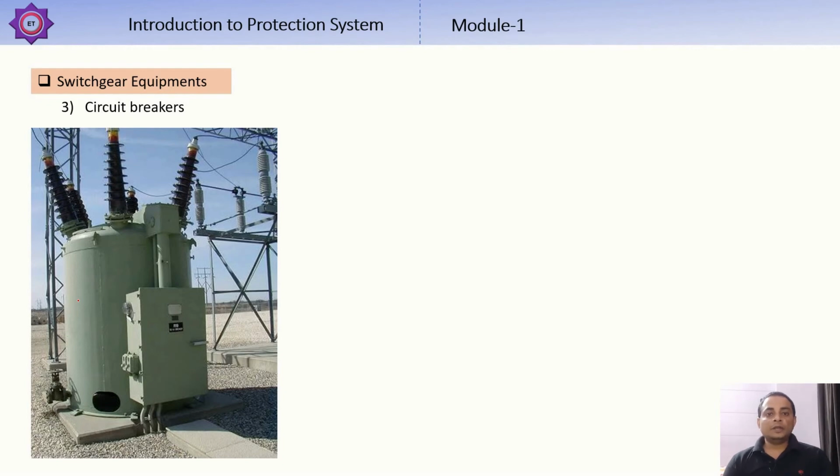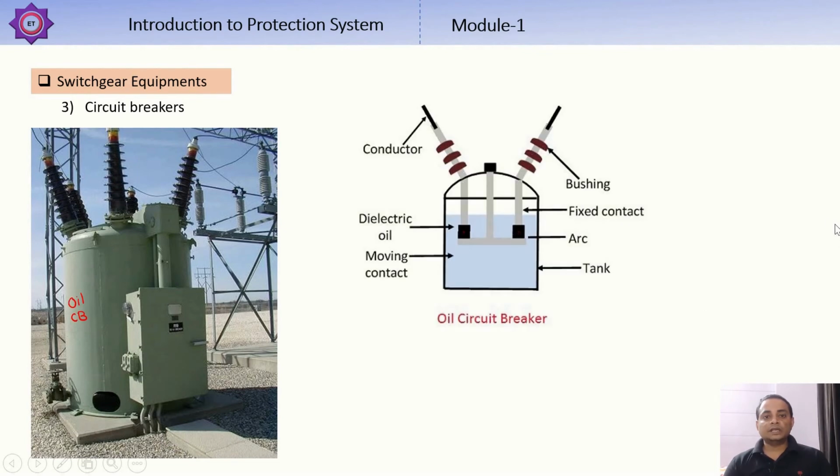Under normal operating condition, the contact remains closed and a circuit breaker carries full load current continuously. This one represents an oil circuit breaker. Let us try to understand the circuit breaker working with the help of an animation.